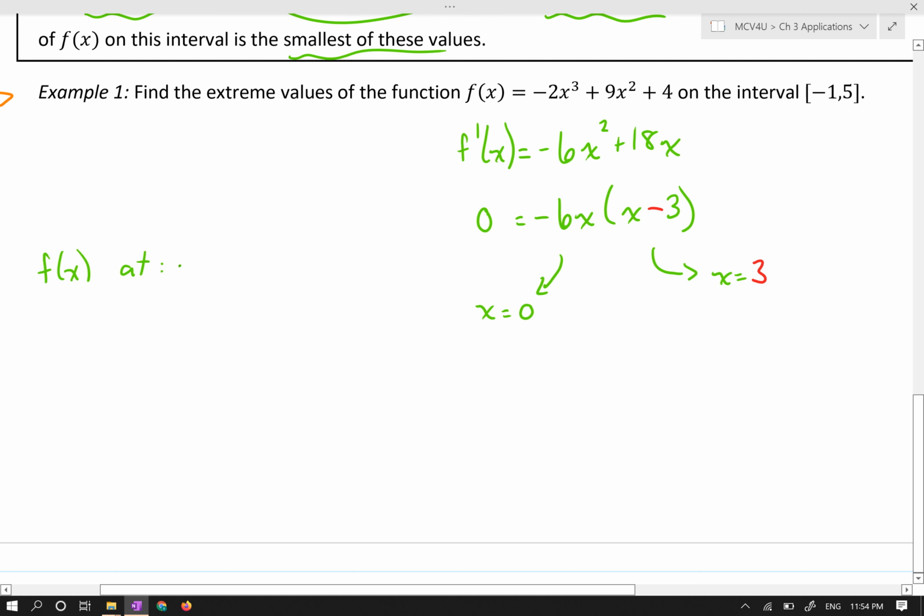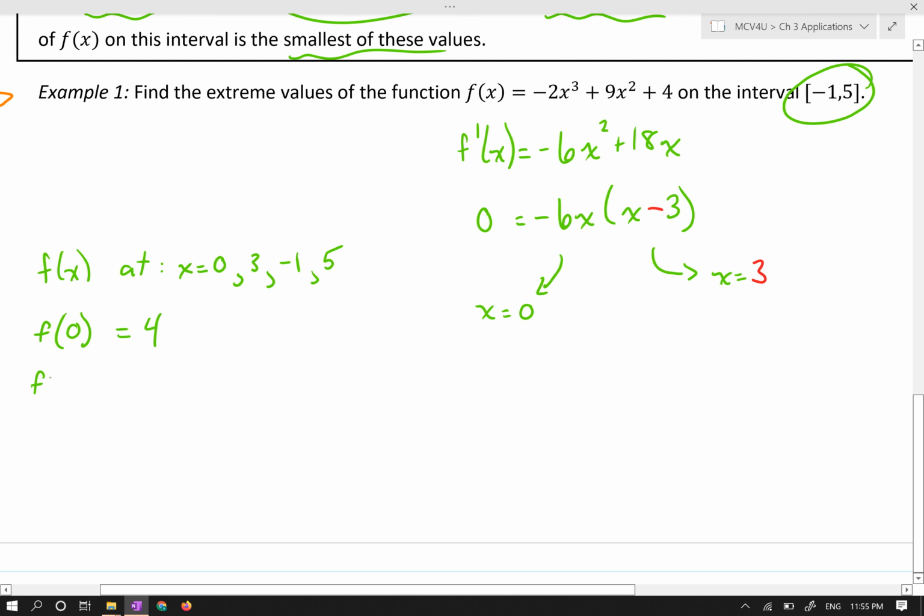So moving on from here, now we need to calculate f at x equal to 0, x equal to 3, and at both of the endpoints on our interval, so at -1 and at 5. So let's try that out here. You can use a calculator for something like this. F at 0 is equal to positive 4.